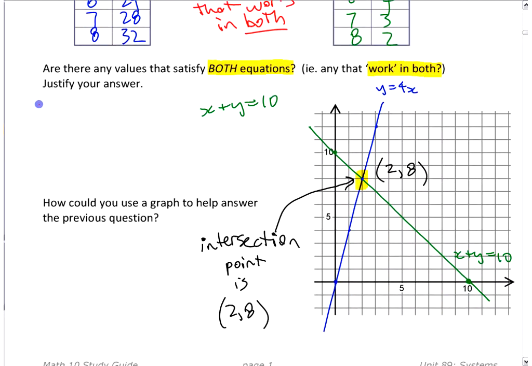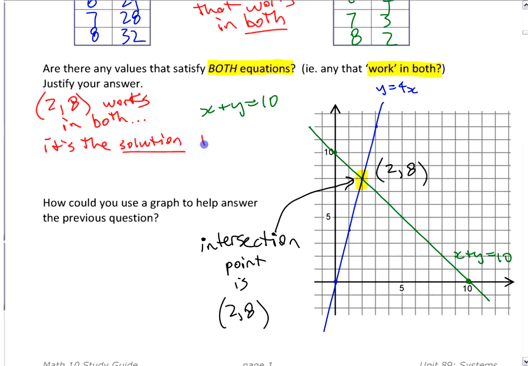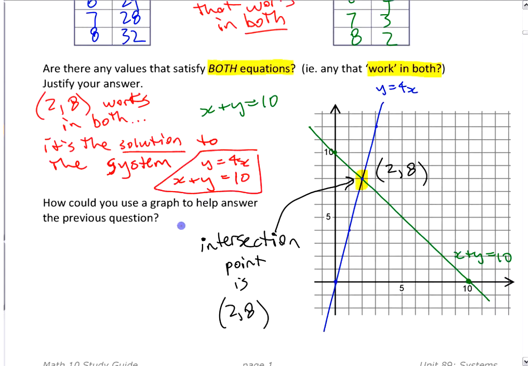Where can we write it here? (2, 8) works in both. It's the solution to the system y equals 4x and x plus y equals 10. This is a system of equations.